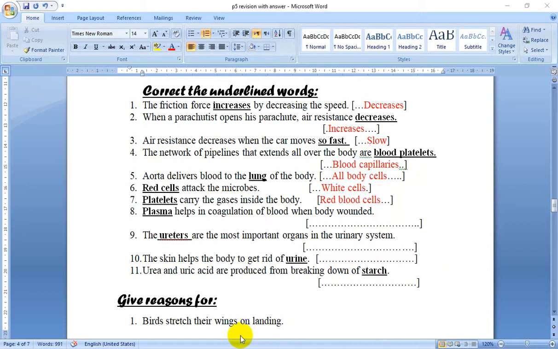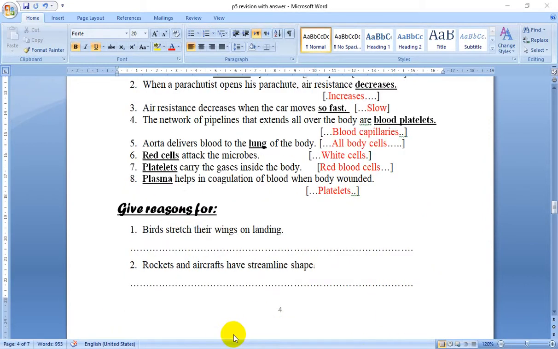Plasma helps in coagulation of blood when the body is wounded. Okay, who helps in healing wounds? This is platelets, not plasma. So platelets help in coagulation of blood when the body is wounded.